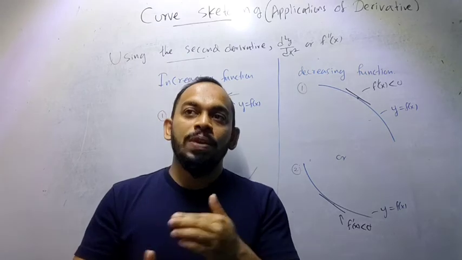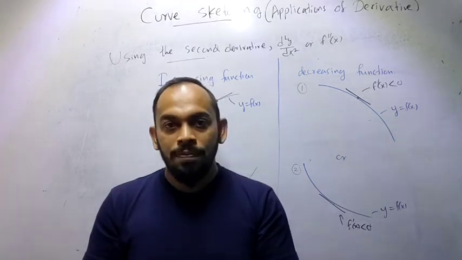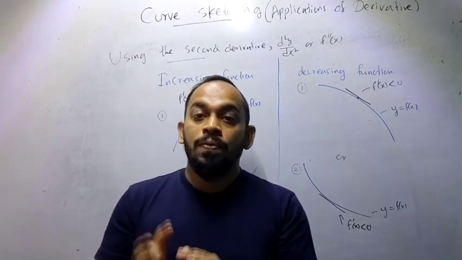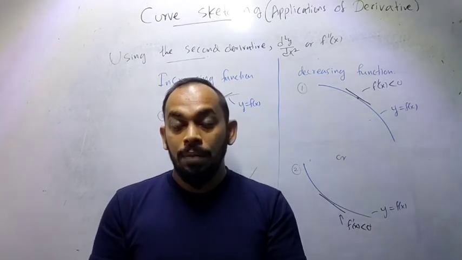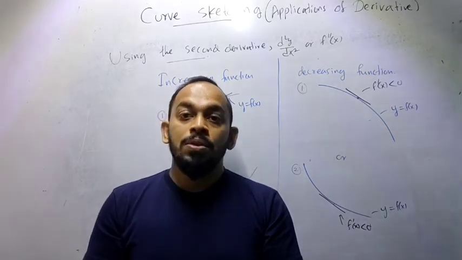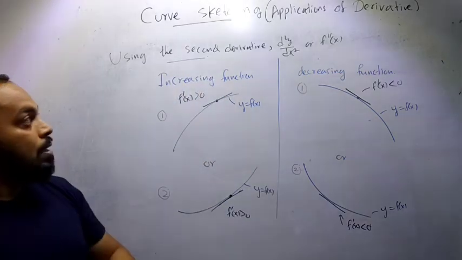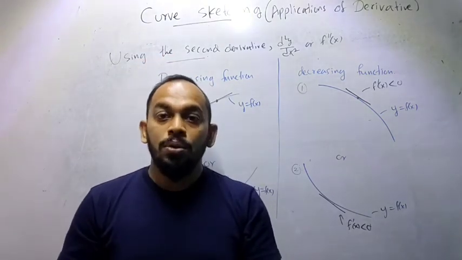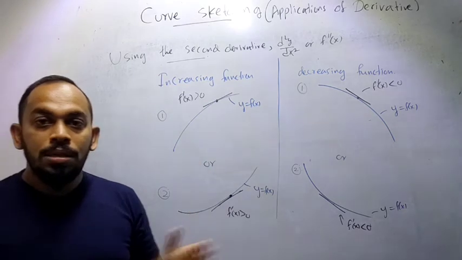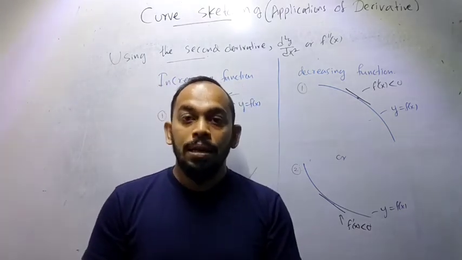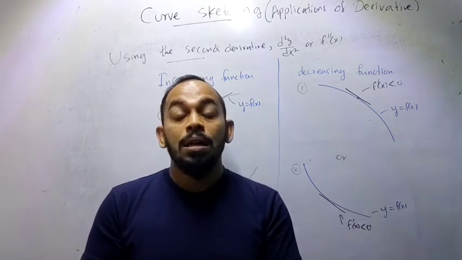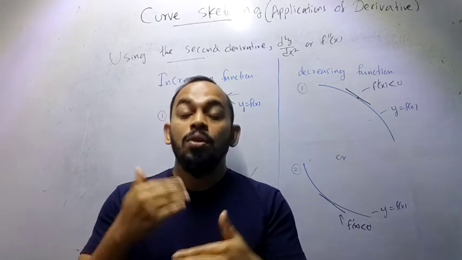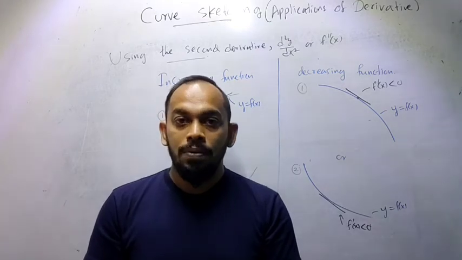In order to find those types of inflection points, we will learn about inflection points later. To find them, we need another test. So this is where we use the second derivative test to distinguish between these types, and to determine points of inflection that cannot be determined using the first derivative test, right?